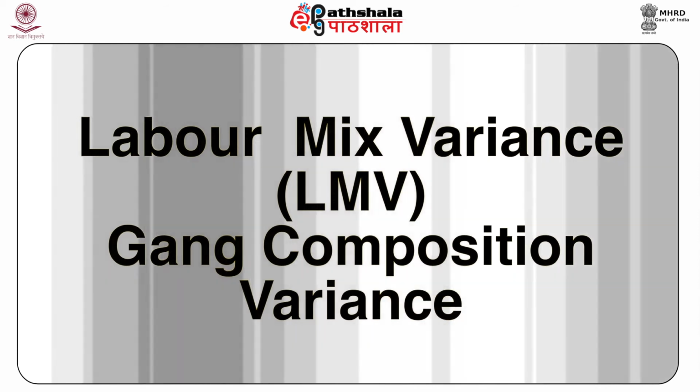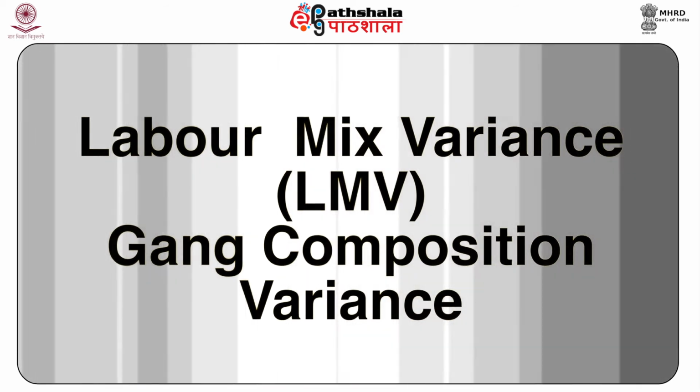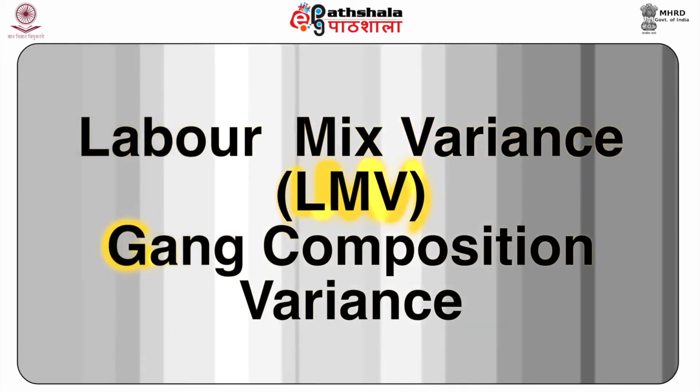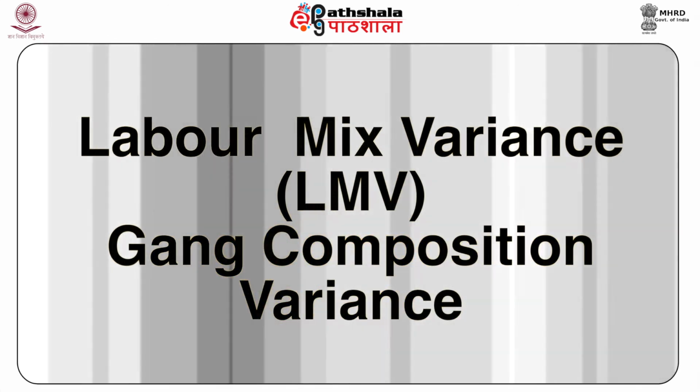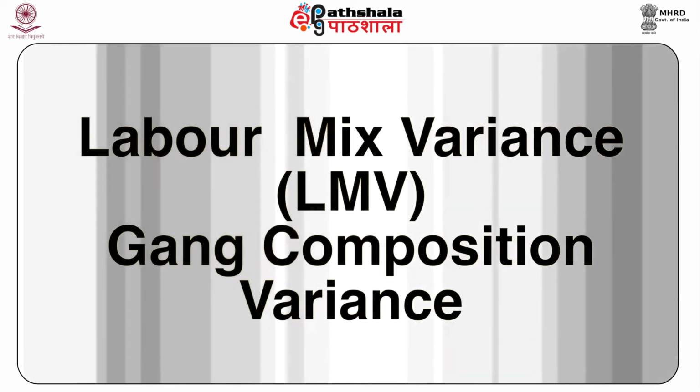Now we will understand labor mix variance or gang composition variance. In short, labor mix variance can be written as LMV. Labor mix variance may arise in a situation where the firm uses different proportion, that is different mix of labor, to produce the finished product.